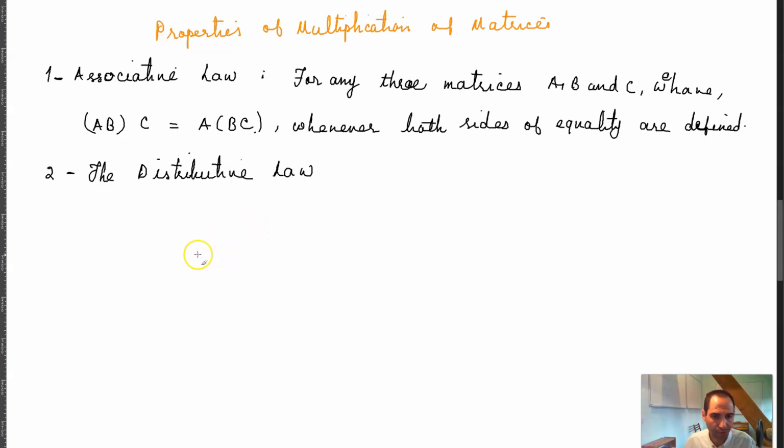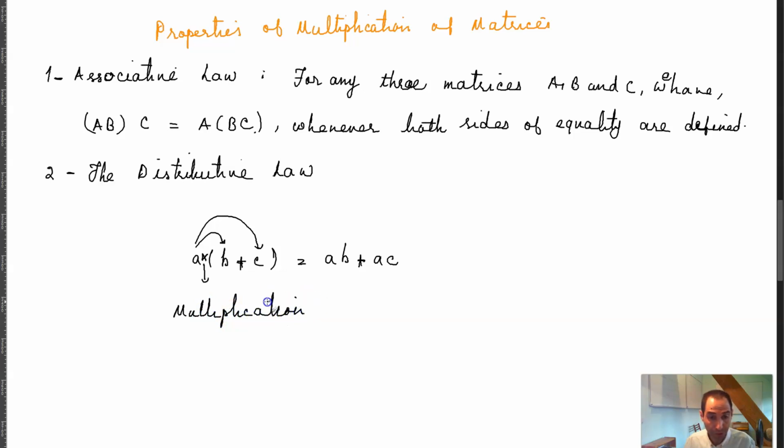What that means is that if I write a times b plus c, and these are real numbers, then that's equal to ab plus ac. Meaning that you can multiply a by b and multiply a by c, and then add them together, and this way we say that multiplication distributes over addition. And therefore it is called the distributive law.